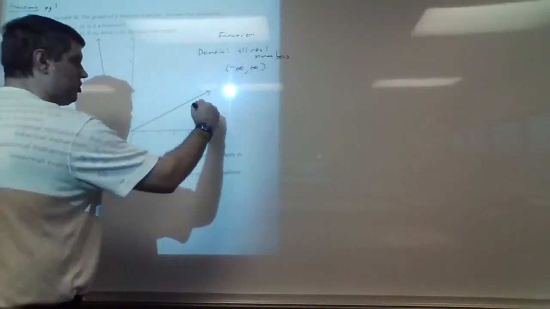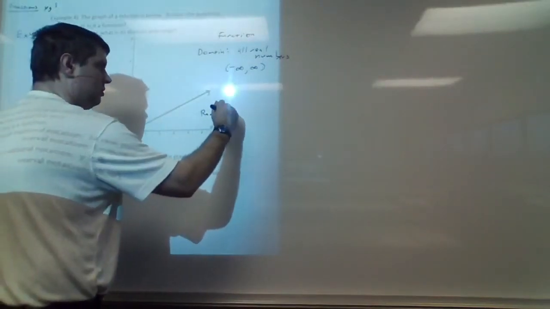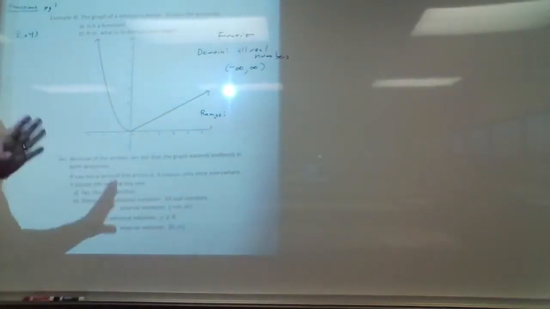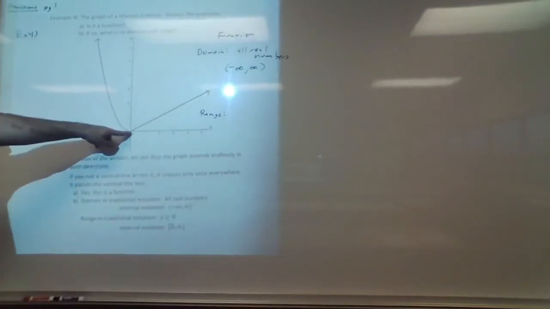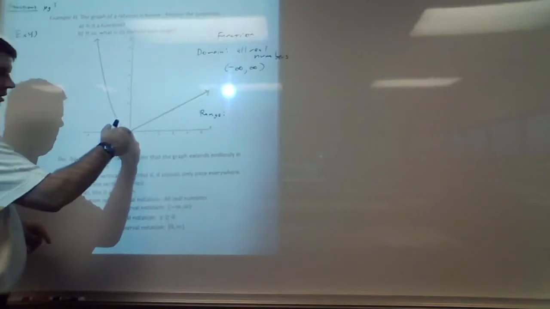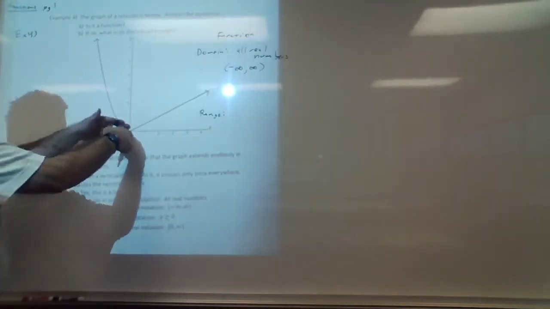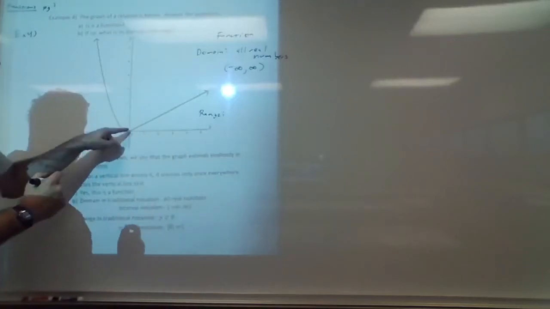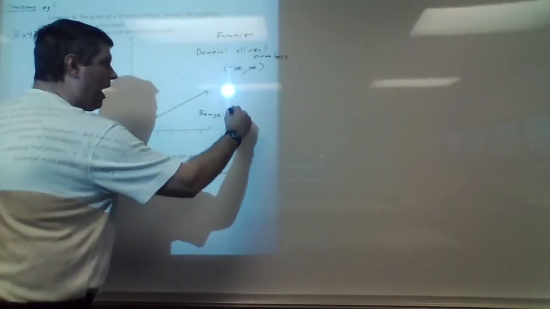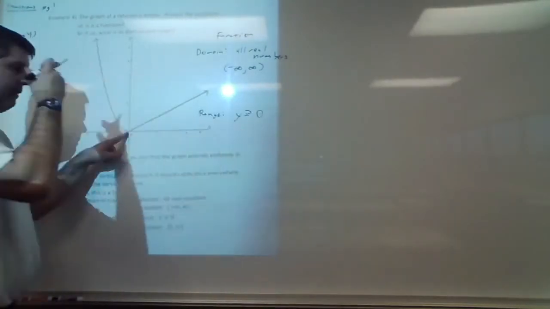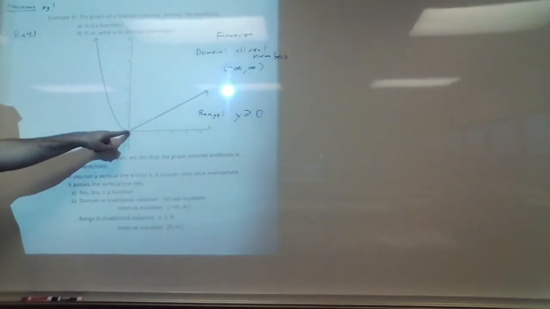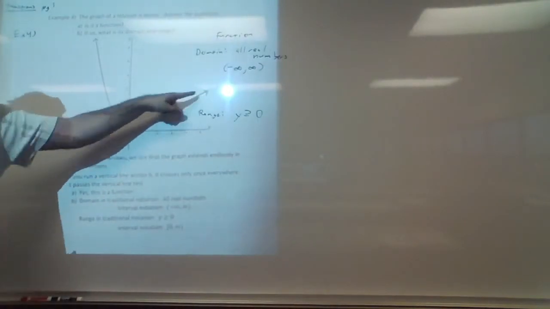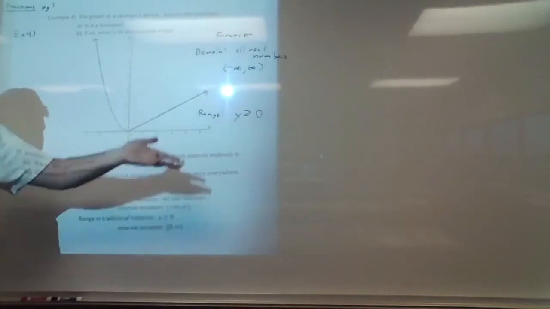The range, well, that's a different story because that's the low point. That's the lowest y value. There's no limit to how high the y's can go. So it's y is greater than or equal to 0. Because that's the lowest y, but the y's can be forever up.